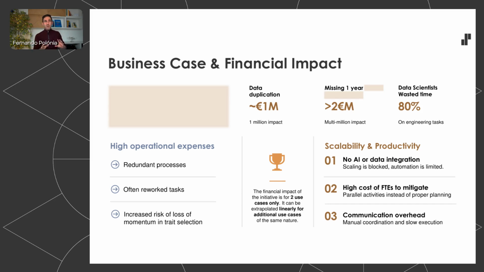But if I can tell you that with a small investment, way under $1 million, by the way, we can move into a structured planning and we have a sound trust in that planning, that we don't need to duplicate it and we don't need to miss any research cycles. The business case is done. And mind you that this business case, these gains, they are for two use cases, two tiny use cases.